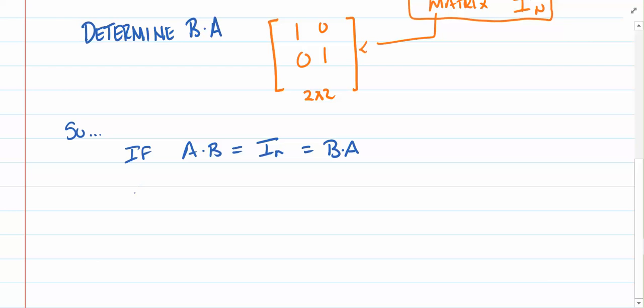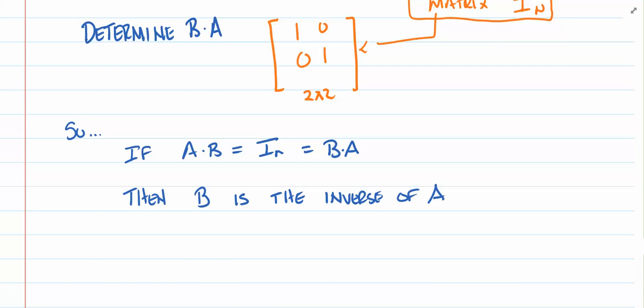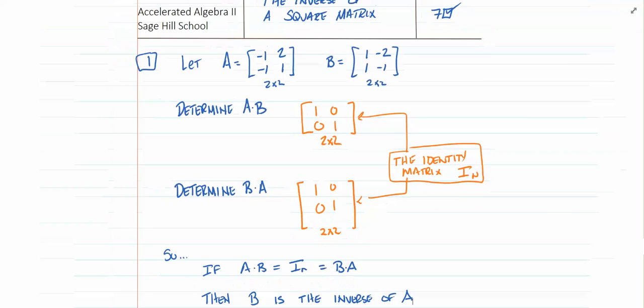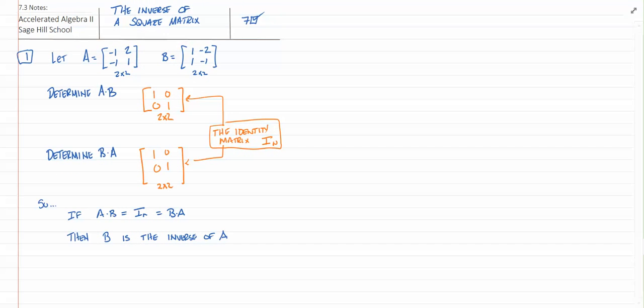If we can say this statement, then we can say that B is what's known as the inverse of matrix A. So it turns out that matrix B, up here, I'll make this a little smaller so you can see, matrix B is what's called the inverse of matrix A. And this is kind of what we're noticing here.